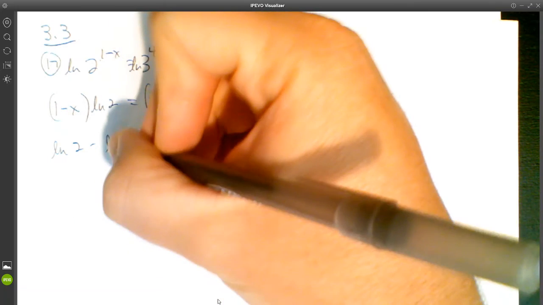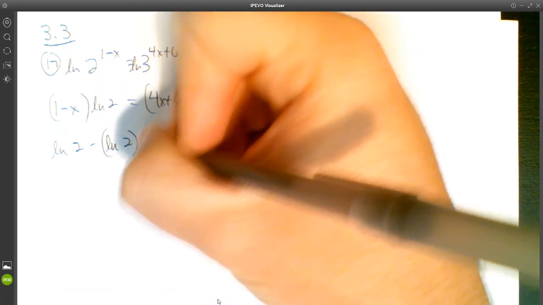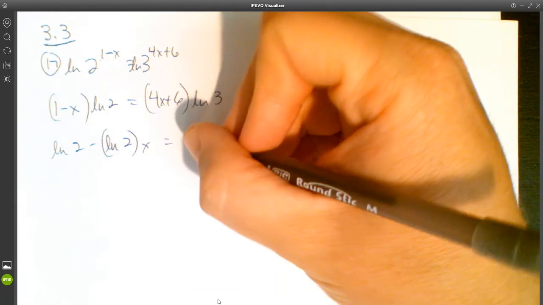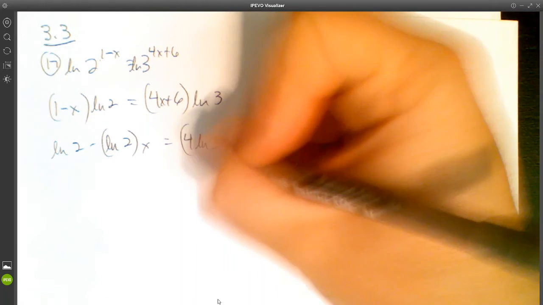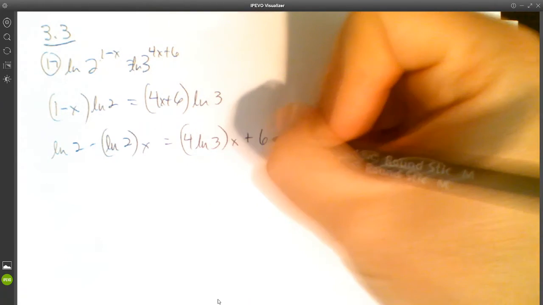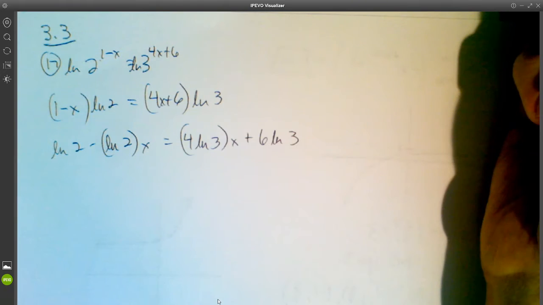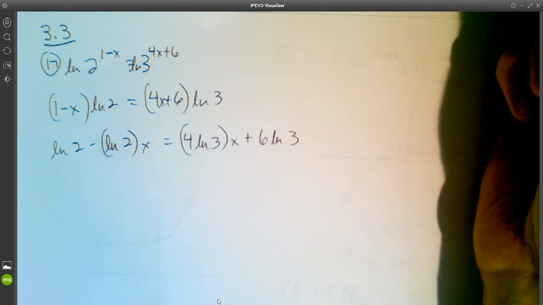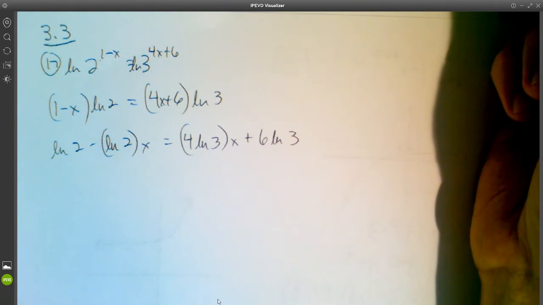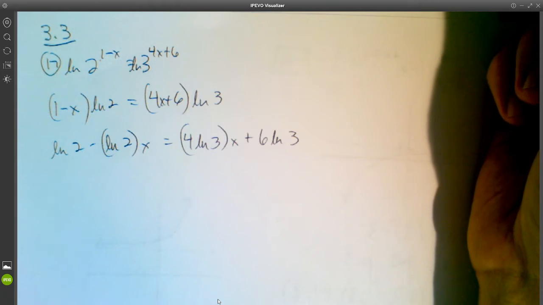ln2 minus ln2x equals 4 ln3x plus 6 ln3. And just remember, these logarithms, they're just numbers, right? So, I mean, you just want to get your x's on one side and your numbers on the other.